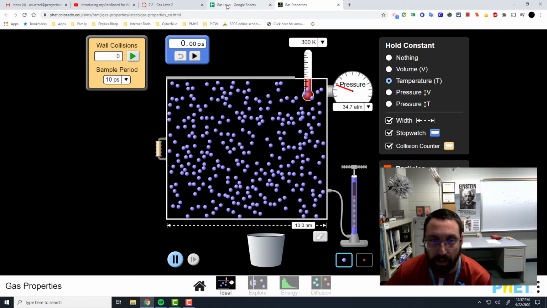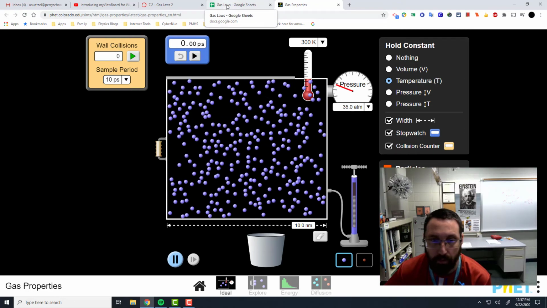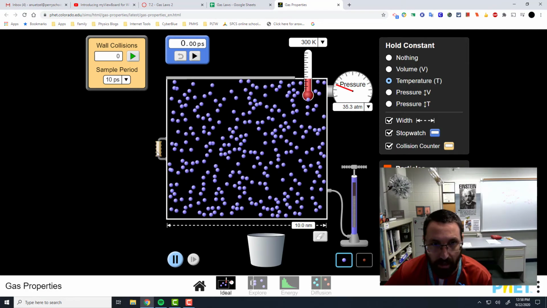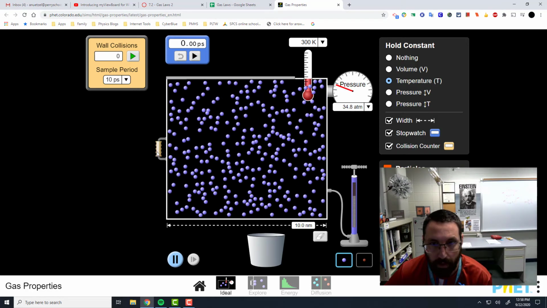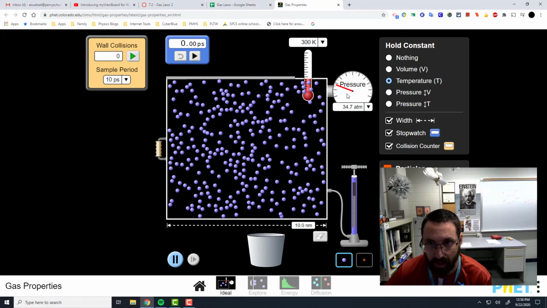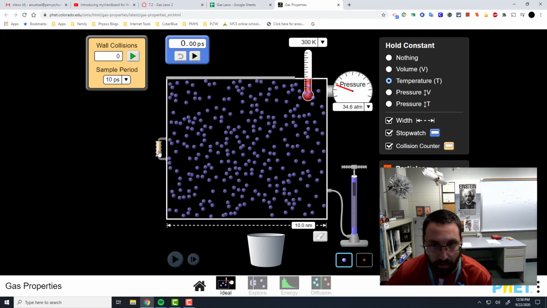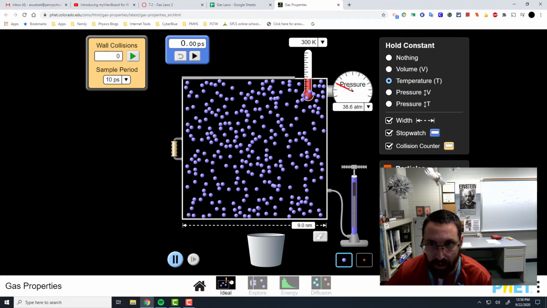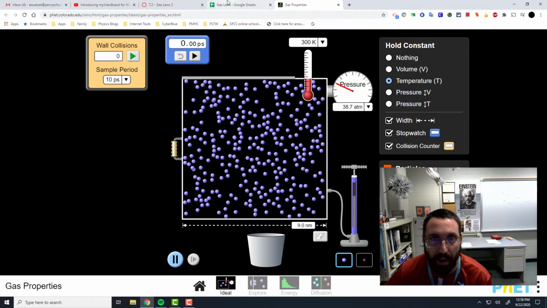What we're doing is we're going to be changing the volume and measuring the pressure. So I start with 10 nanometers and a pressure of 35. Then I might move it down to 9 nanometers. So now I have 9 nanometers and a pressure of about 39.